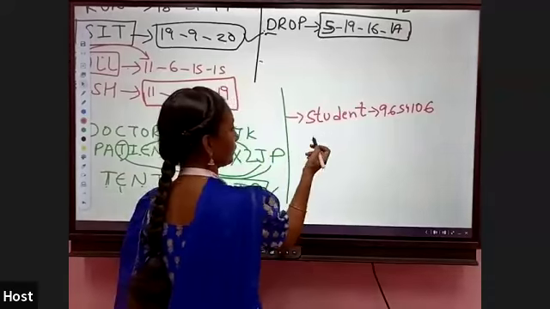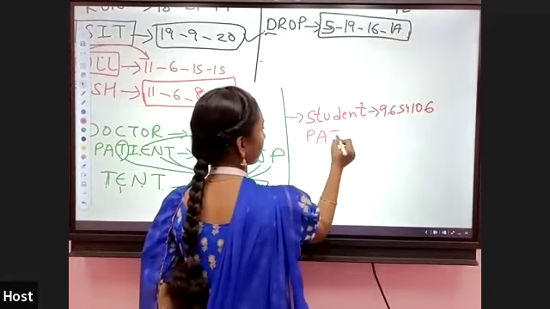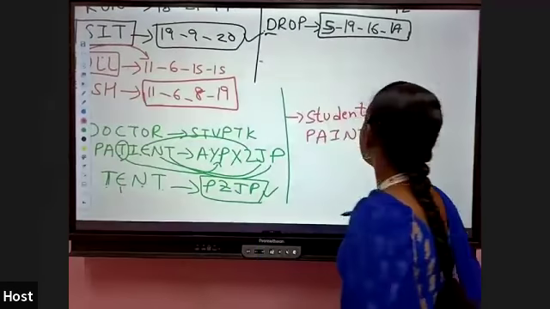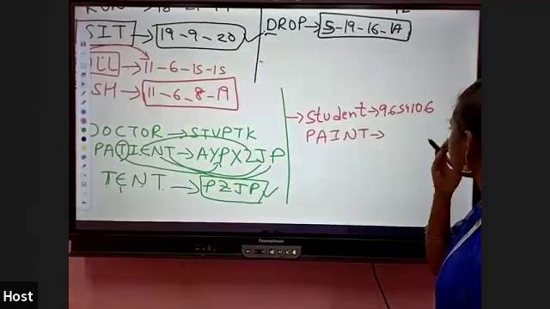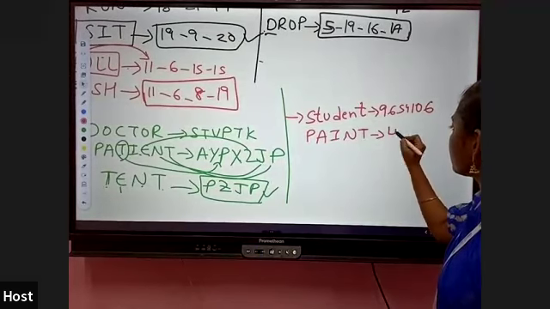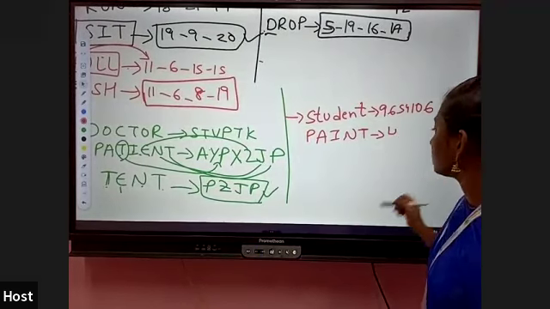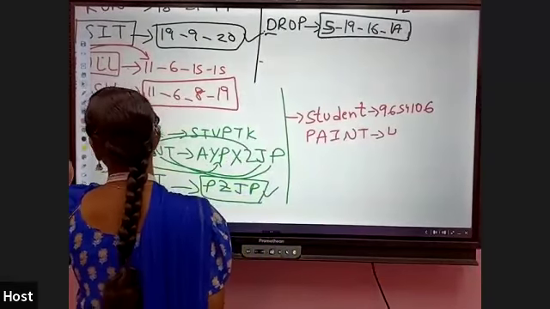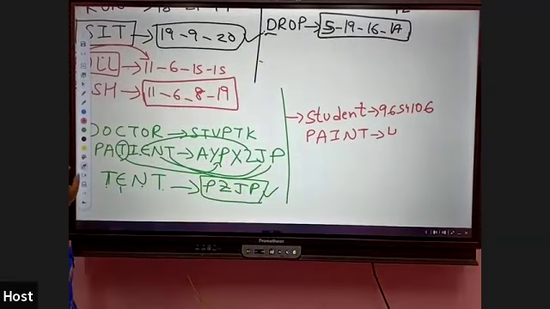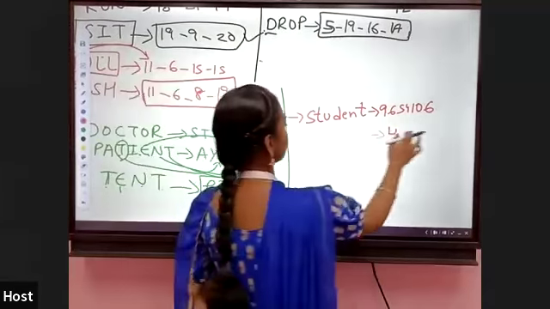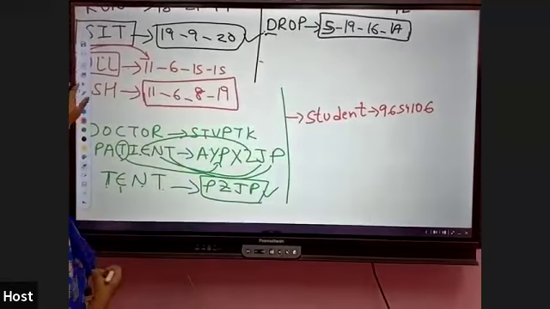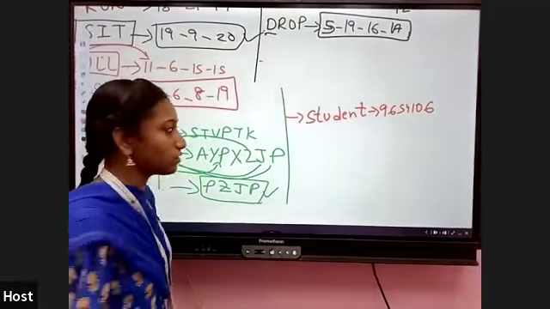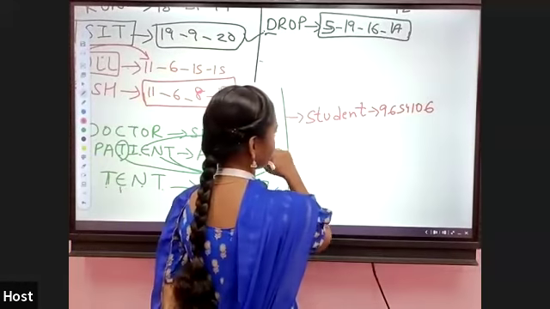Next, paint. Paint is coded as... So they may give one word or two words also. Let us say another one.